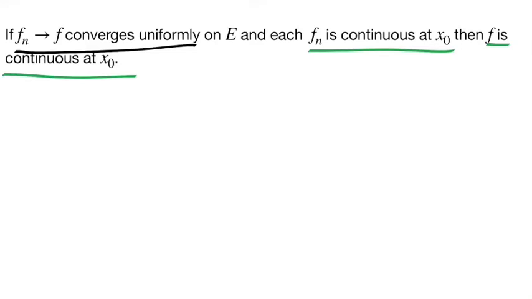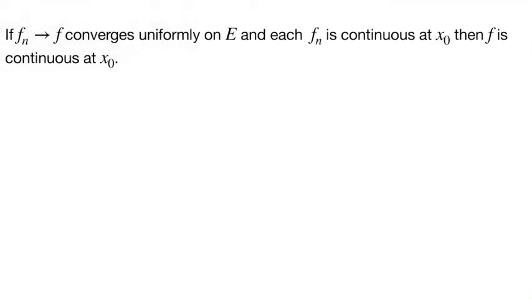So that means that you can't take a sequence of continuous functions and get something that's not continuous, as long as you're converging uniformly. You all can work with some examples to see if you can make things that are pointwise that fail at this. Okay, so let's work on this one.